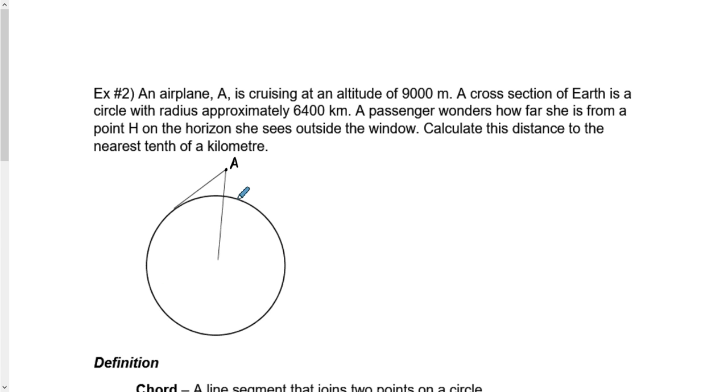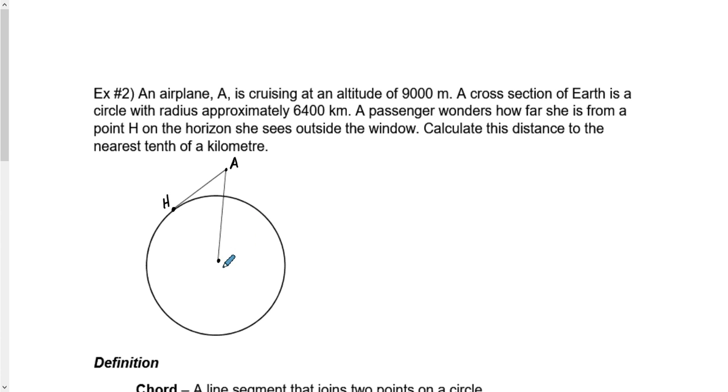But we are just learning the properties so we can apply them. So the cross-section of the Earth is a circle with a radius of approximately 6,400 kilometers. A passenger wonders how far she is from point H on the horizon that she sees outside the window. Calculate the distance to the nearest tenth of a kilometer.